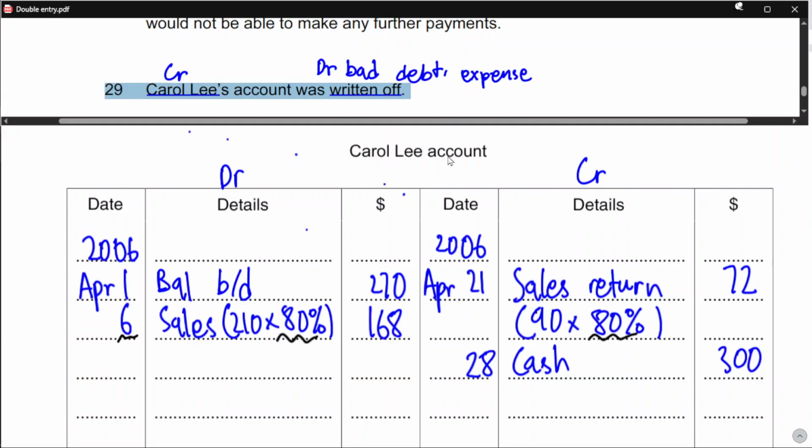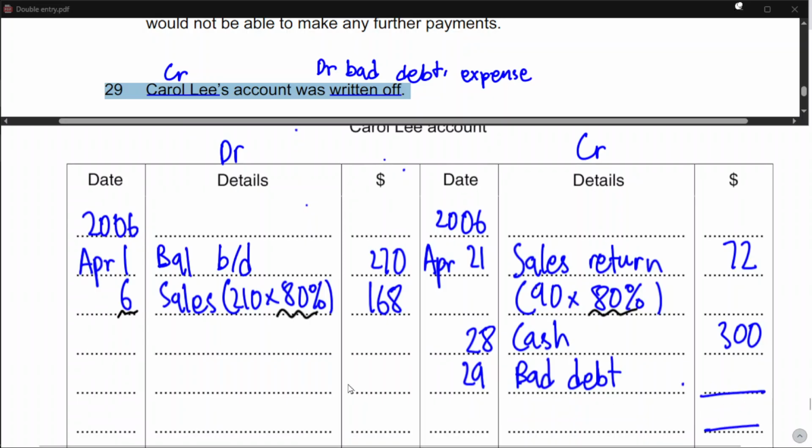Go to Caroli account. Then Caroli credit bad debt. It didn't mention, so let's balance it out. So this minus this, you get this.